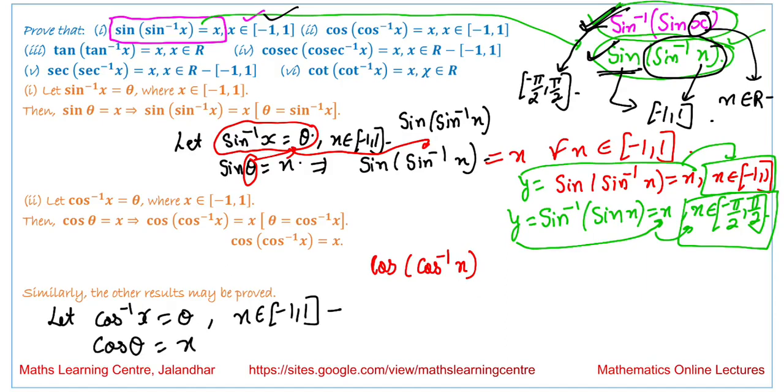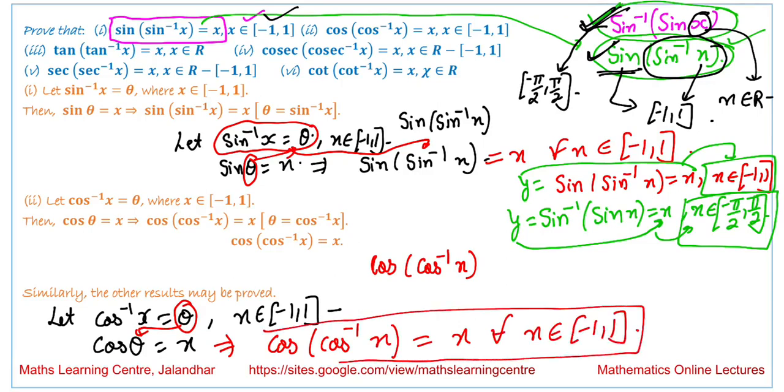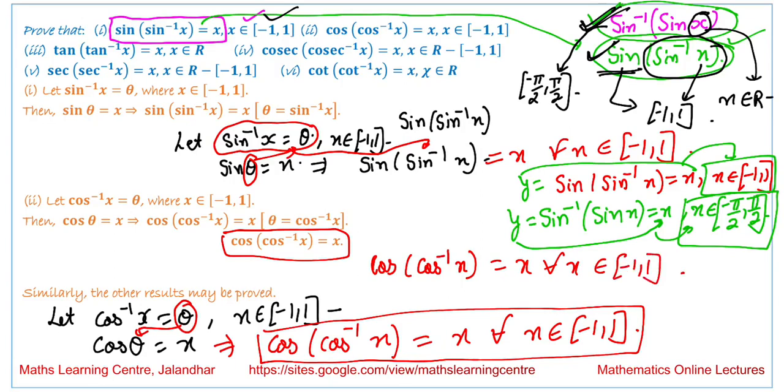Now if we substitute the value of theta, this implies that cos of cos inverse of x is equal to x for all x belonging to the interval -1 to 1. This is the second result.